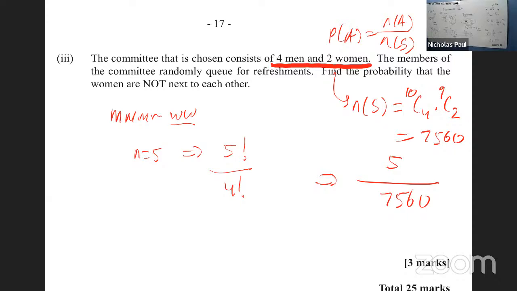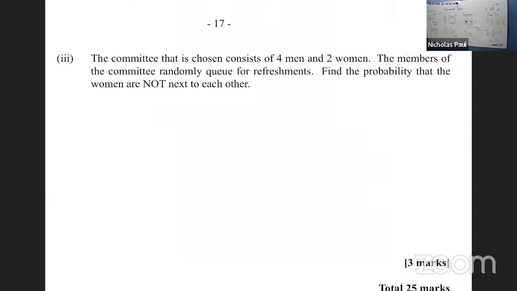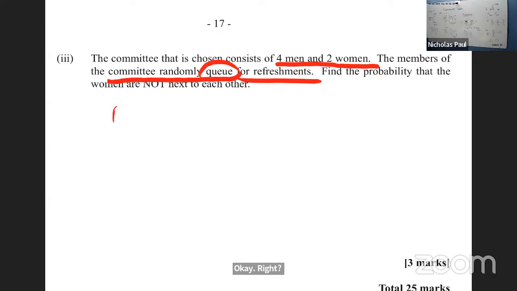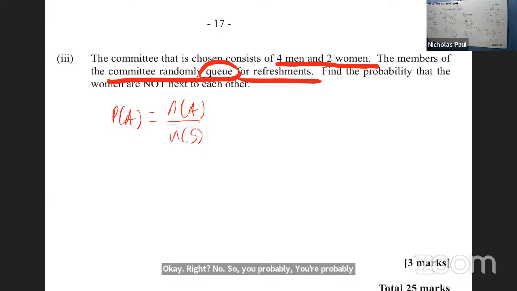Wait, no. This one. Here's what it said. You already have 4 men and 2 women, and they said the members of this committee form a queue. So that was wrong. The probability of A is the number in A over the number in the sample space. The number in the sample space is simply rearranging all of them, 6 factorial.